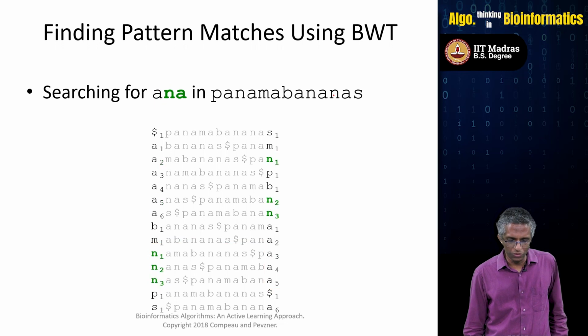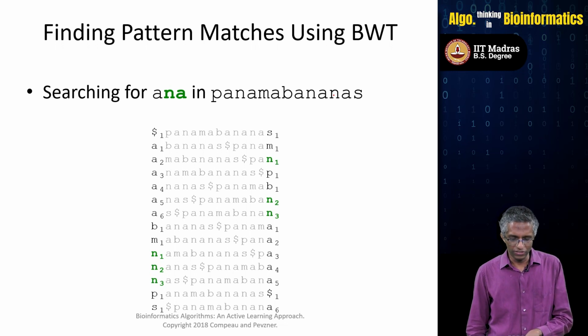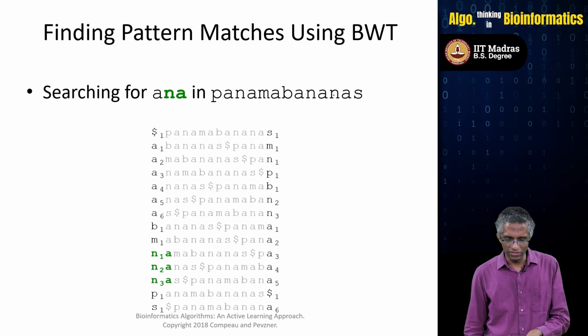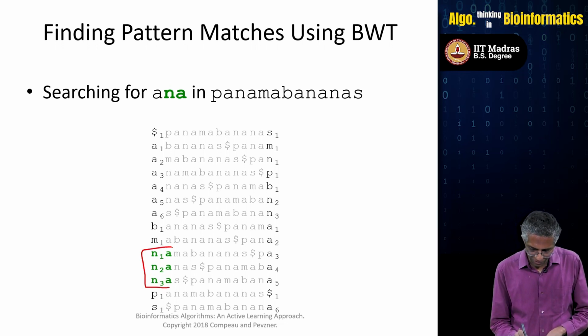So A has been matched, N has been matched. Now I want to match another A, the first A in the string. And basically that has also been matched now. So NA has been matched in 3 places. This NA corresponds to this NA, and it has been matched.